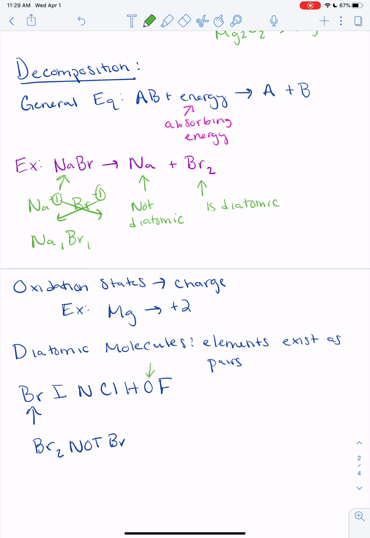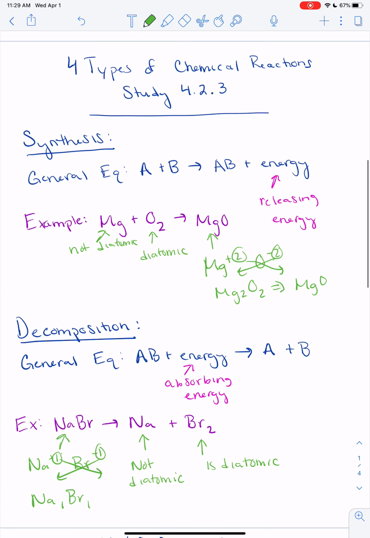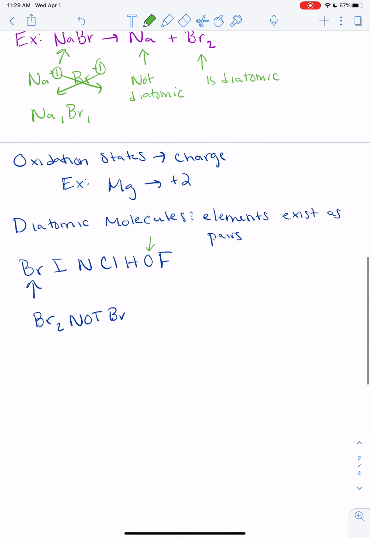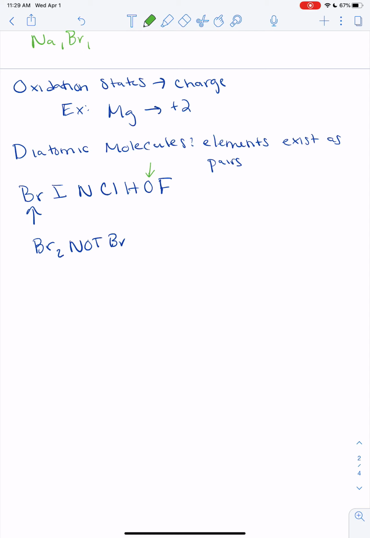That's why we have Br2, okay? So this is what part 1 goes over. Part 1 goes over what a synthesis reaction is, what a decomposition reaction is, and what those oxidation states and diatomic molecules are, okay? So if you want to pause your video now, you can, because this is all that you need to do for Wednesday.